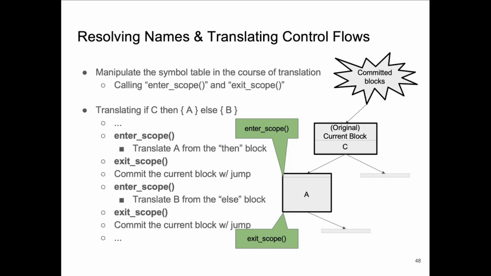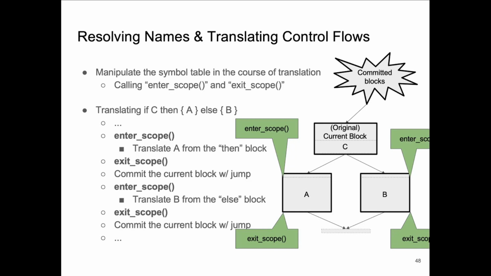Similarly, before translating B, you first enter the scope, inserting a new layer at the top of the symbol table, and you translate B. And at the end of the translation of B, you pop the top layer from the symbol table and finish the block here.